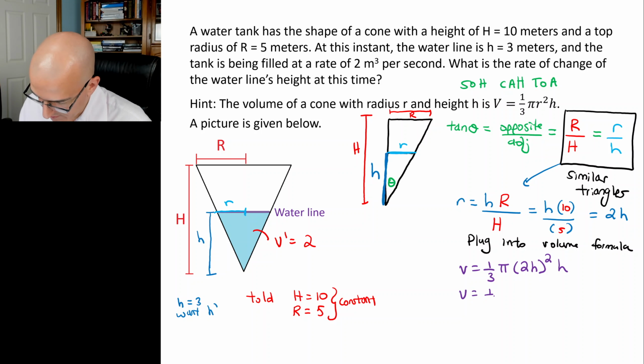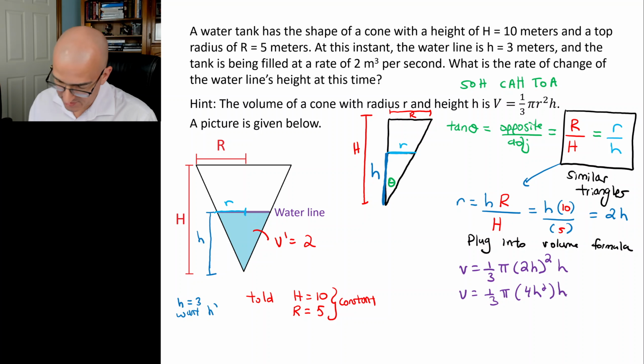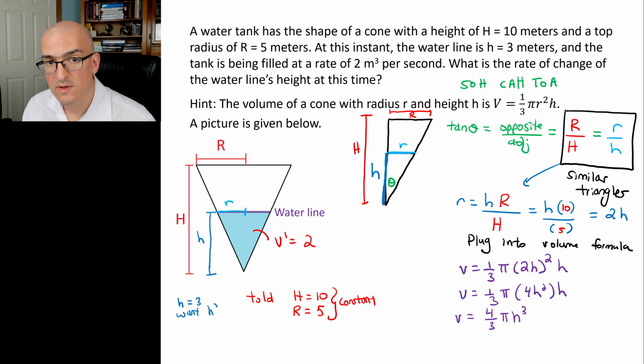So V is 1/3 pi. 2h squared is 4h squared times h. And I put all the constants up front. So 4/3 pi h cubed. Maybe reminds you of something. Not that it matters. Right now, we want h prime. We're going to take the derivative. Oh, I don't have any more space, so I've got to cram it all in.